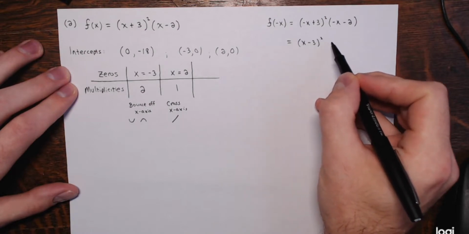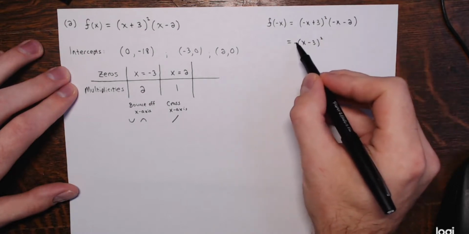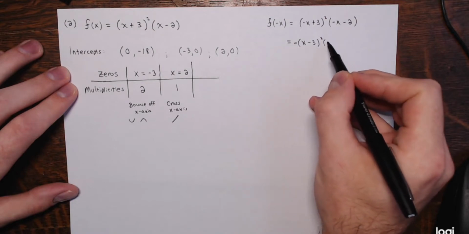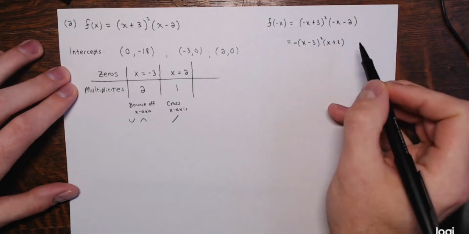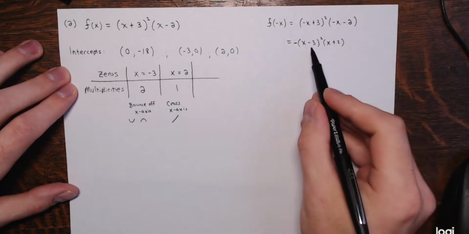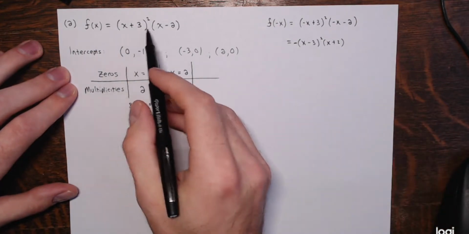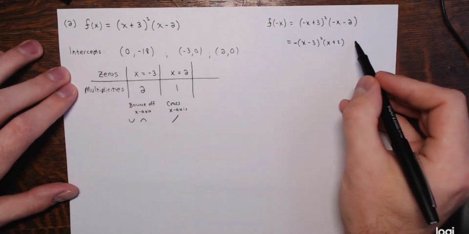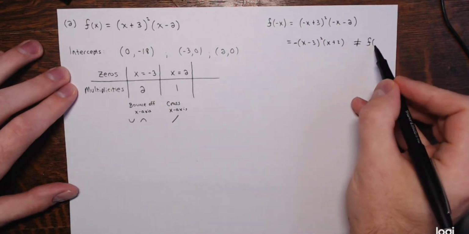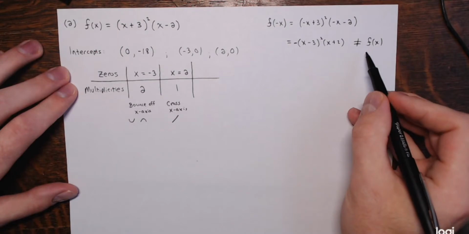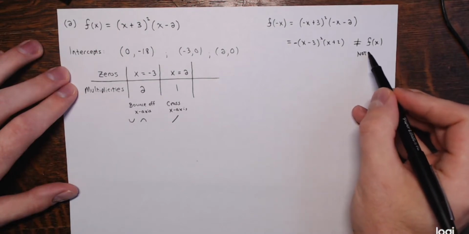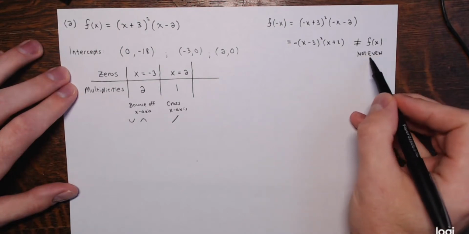And then pull a -1 out of this, I'll put a negative out front, and then you'll have times x plus 2. And this has zeros at 3 and -2, where this has zeros at -3 and +2, so they're not the same. This is not the same as the original. So the graph's not even. Doesn't have y-axis symmetry.